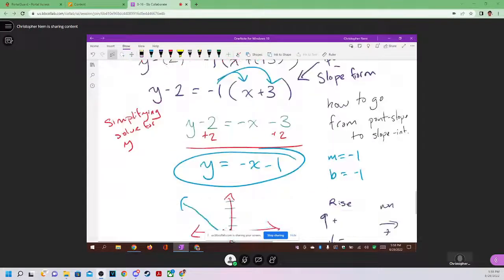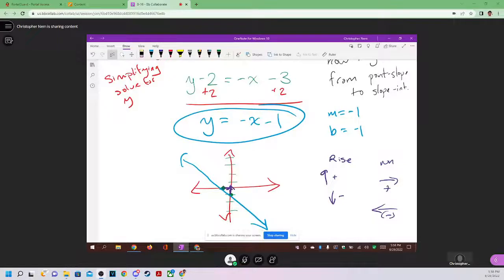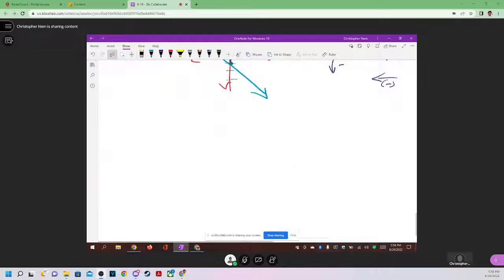So that covers turning point-slope form into slope-intercept form. Great. Now we move into, where's it at? Let's see. We need to go through a few statements.